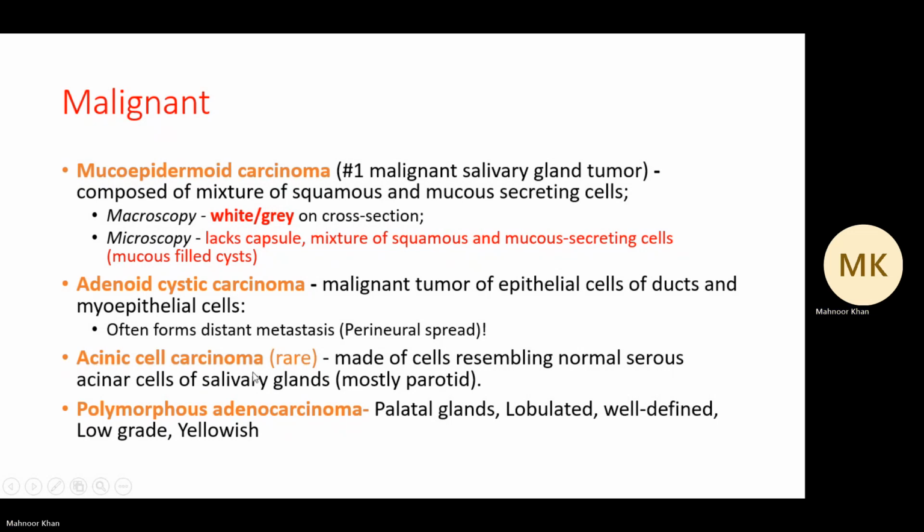In acinic cell carcinoma, you could say it's made up of cells resembling normal serous acinar cells of salivary glands, mostly parotid. Then polymorphous adenocarcinoma arises from glands because it's adeno in the name itself. But again, these two are rare. The other two are more common, so you need to talk about those more.